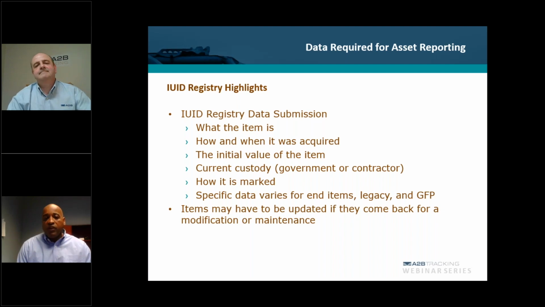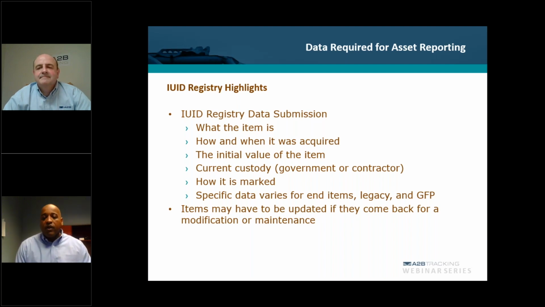So once you go through all the steps that Dan just went through in terms of making sure you've selected the right label, validated and verified the label and the syntax, as well as affixed it to the asset, the registration process is the last of an end-to-end process.